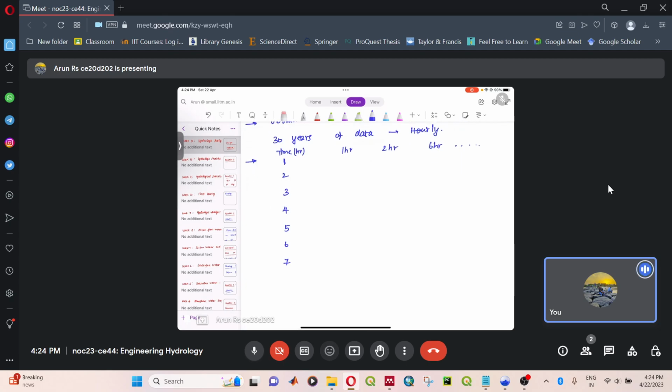So what we do is we accumulate the rainfall. So let's say you have a precipitation magnitude for 1 hour, it will be the same.